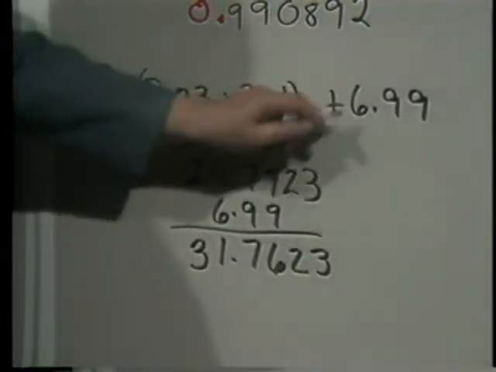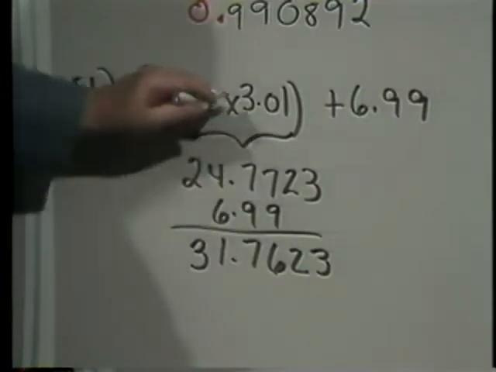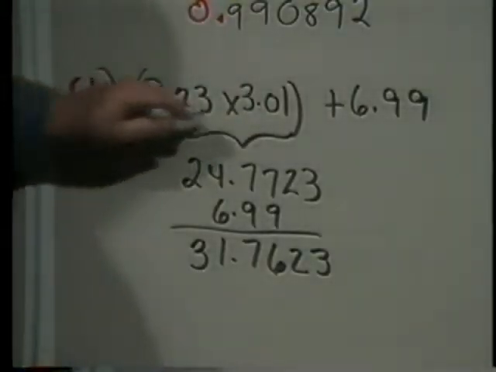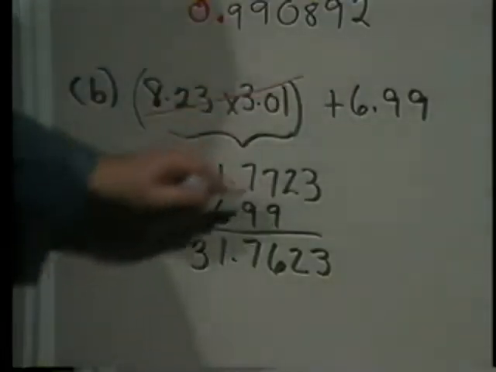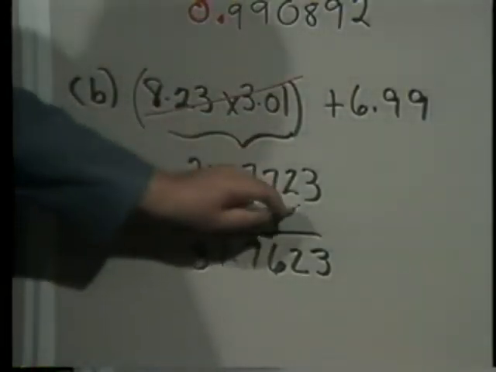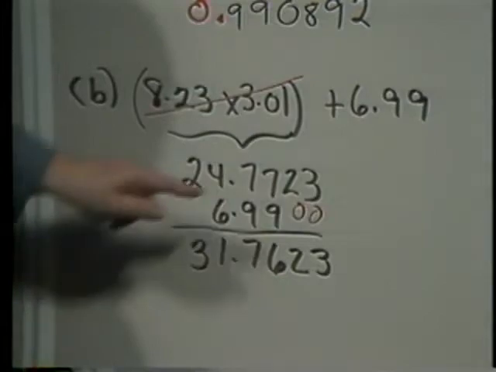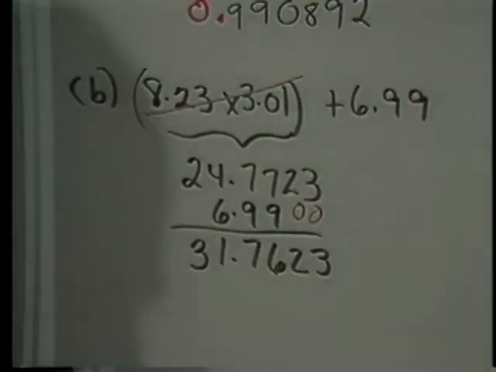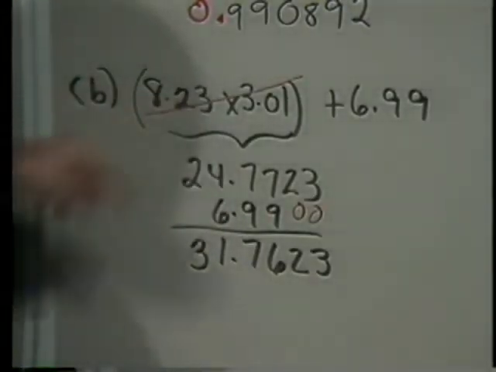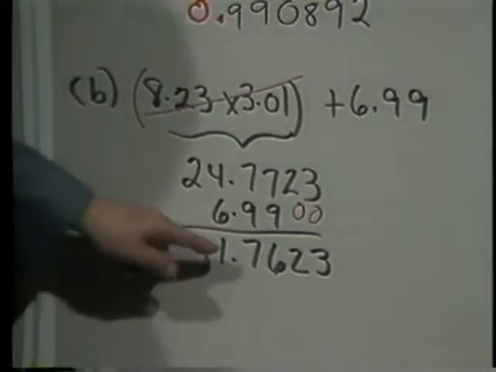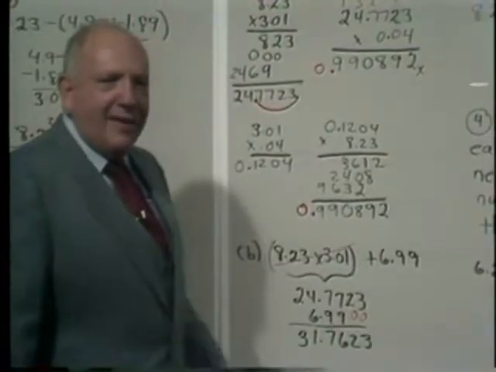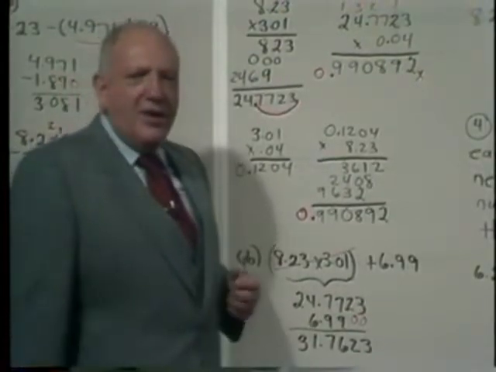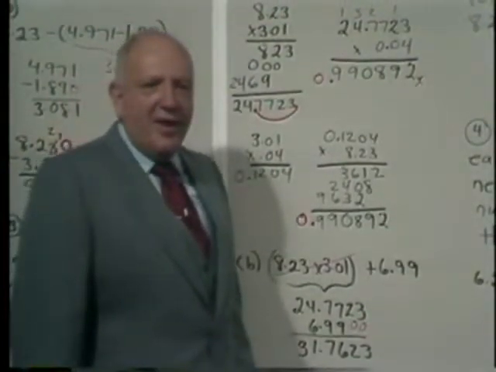The product of 2 numbers is a number. So this is the number. I add 6.99 to it. Now I just do the regular addition problem: line up the decimal points, add the same as if there were no decimal points in here, and the answer is 31.7623.